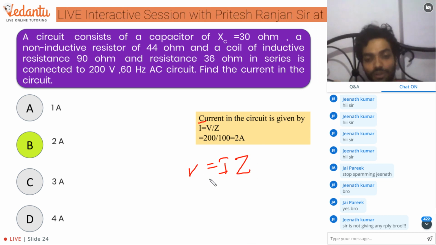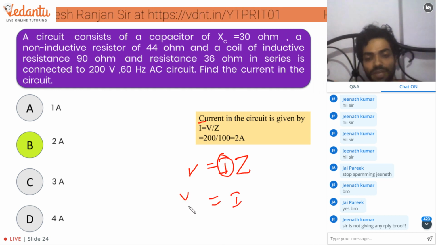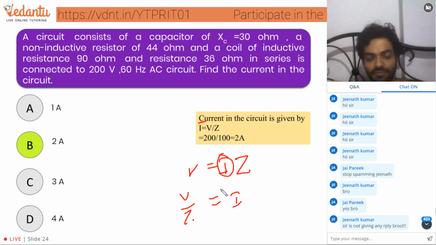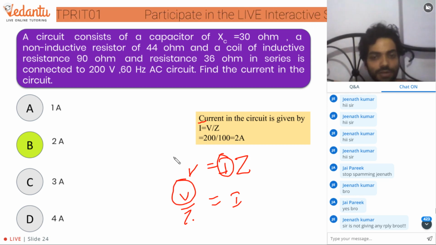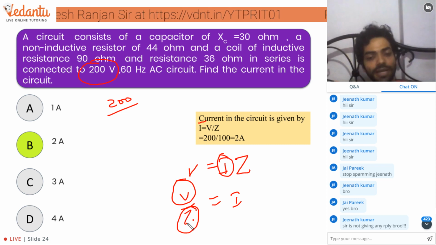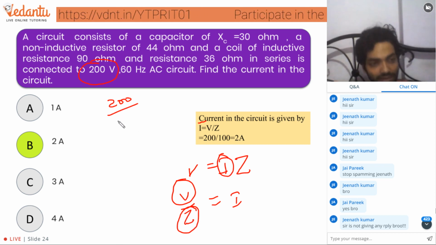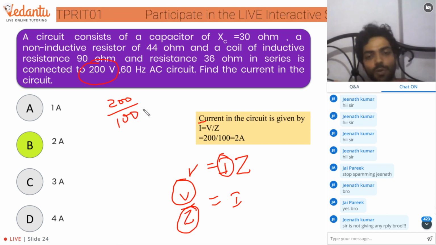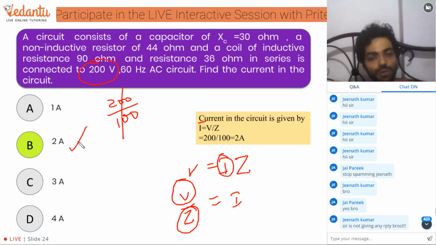So I'll get the value of I from here, that is V by Z. We are already given the value of V, that is the AC voltage supplied. So 200 volt divided by the impedance value we have already computed in the previous sum, that was 100 ohm. So when you divide it, you get 2 ampere, guys.